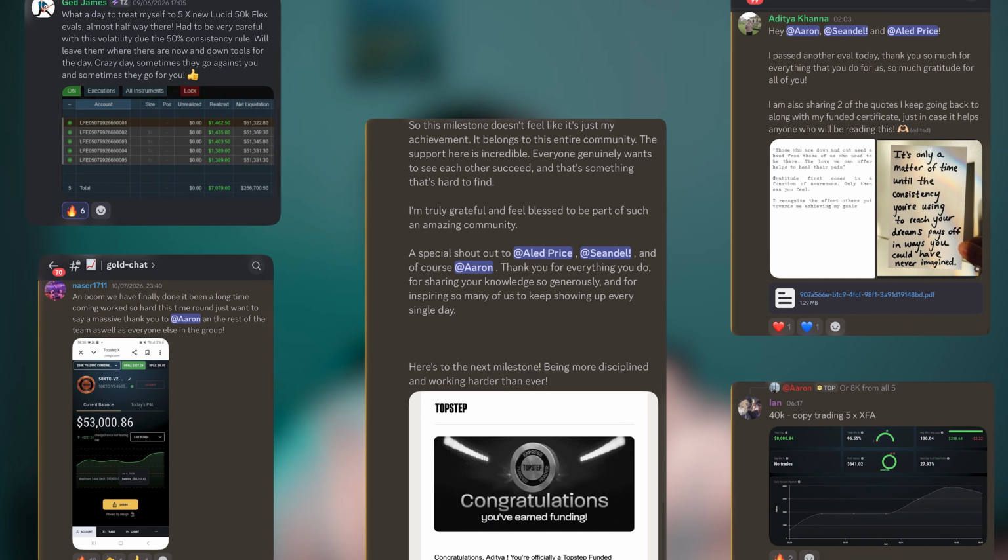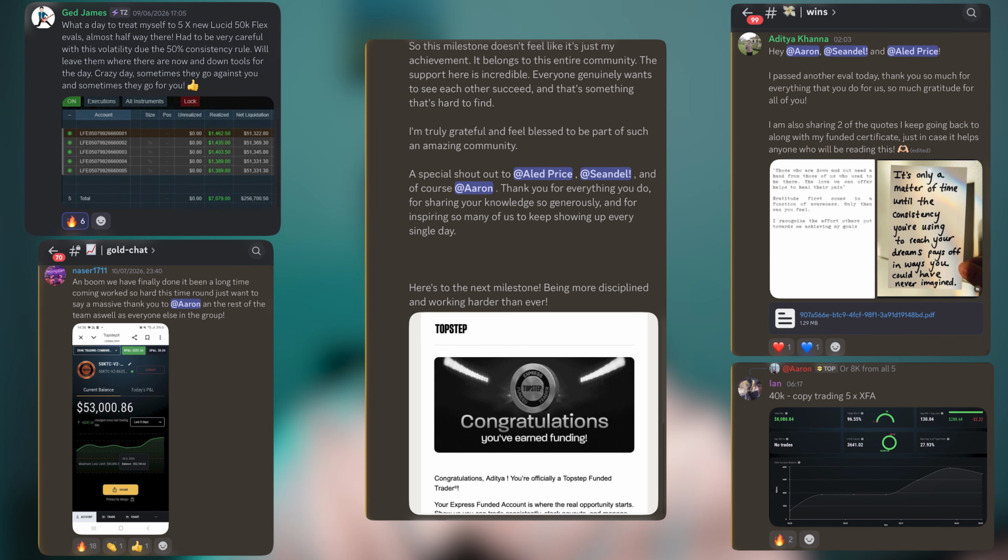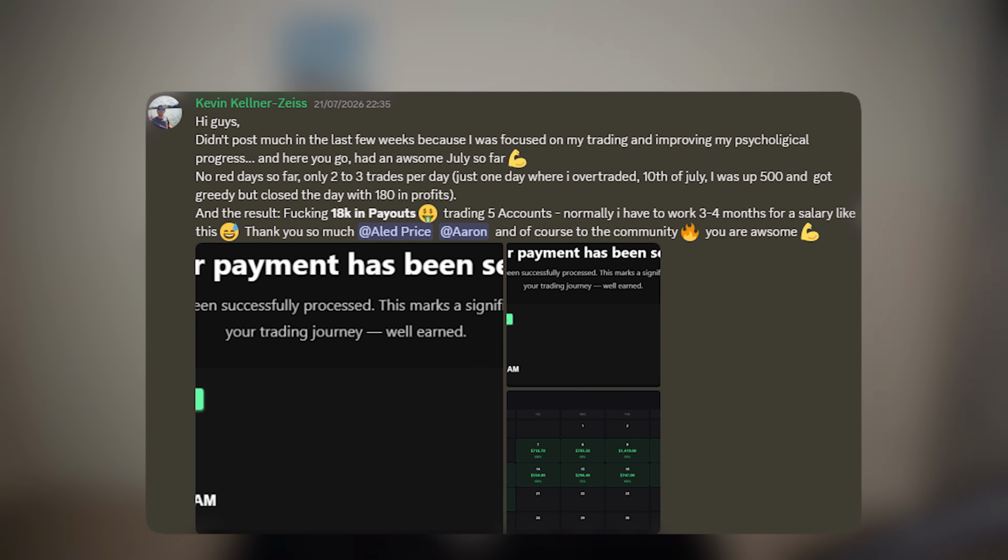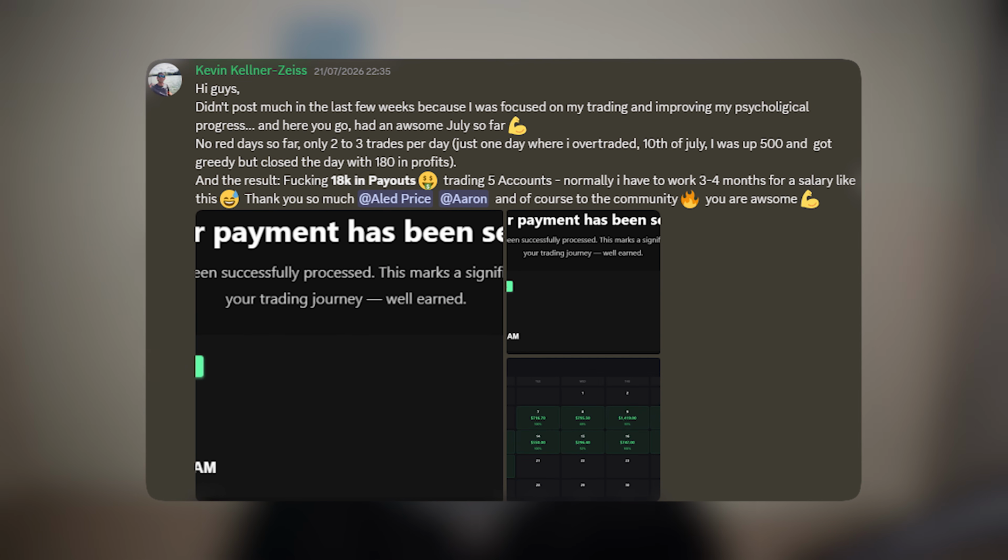And the thing that I love the most is this is very repeatable. I do this on prop firms, I do this on my personal, and you guys can take these exact same trades. You guys can also see here, the guys in the mentorship absolutely crushing this exact system. "Normally, I have to work 3 to 4 months for a salary like this." That is what member Kevin has just posted inside the mentorship, inside the Wins channel, where he just took out $18,000 in 2 payouts from his funded accounts.